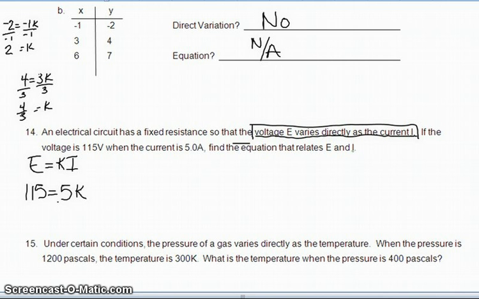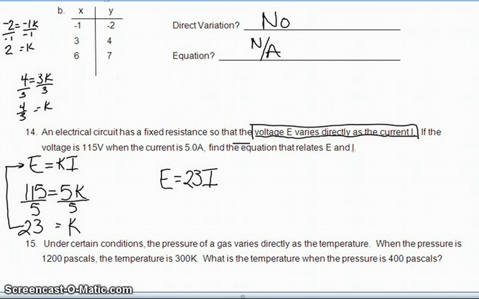To isolate k, I'm going to divide both sides by 5, and I should have k equals 23. So writing my general equation, I take this number, 23, my solution, and I go up to my original equation. And the generalized equation is going to be E equals 23I.